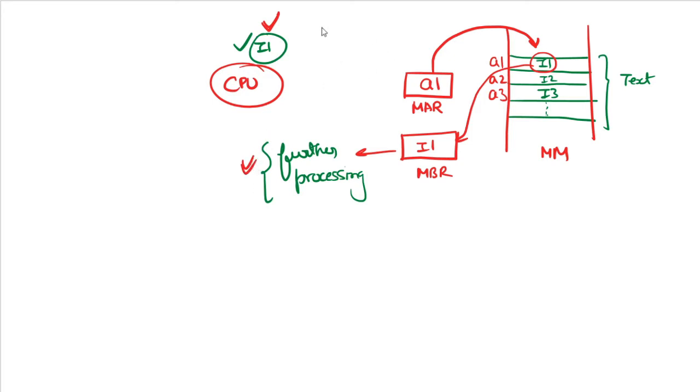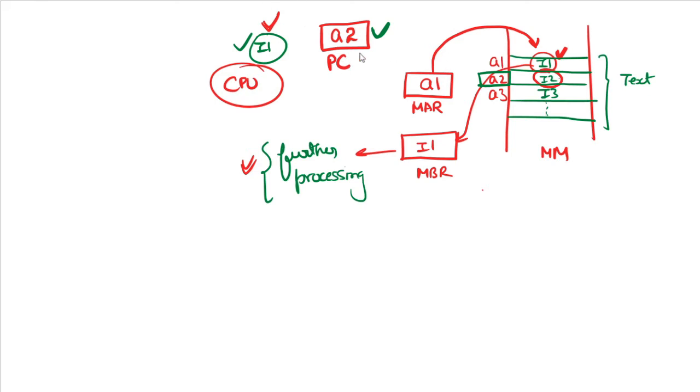So the program counter is a register which stores the address of the next instruction. When instruction I1 was getting executed, at that time the program counter contained the address of instruction I2, which was the next instruction.